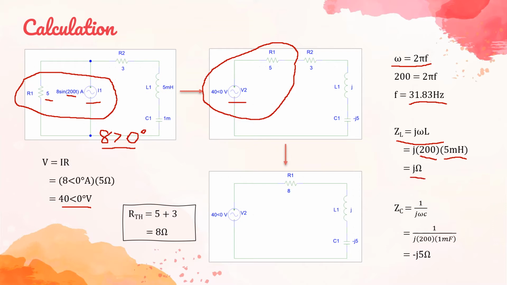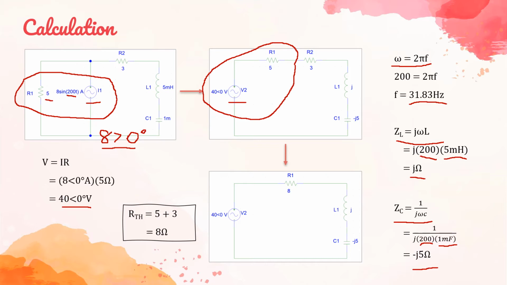Next, we calculate the ZC. So ZC is equal to 1 over j omega C. So the omega is 200 and the C is 1 millifarad. And we calculate and we get negative j5 ohms.